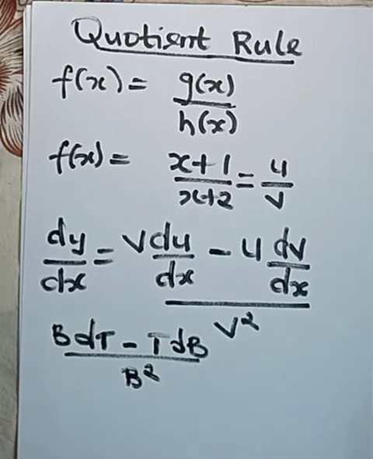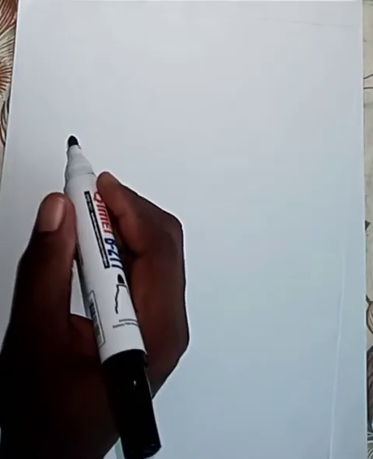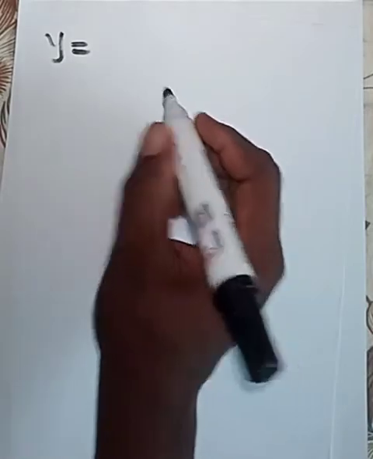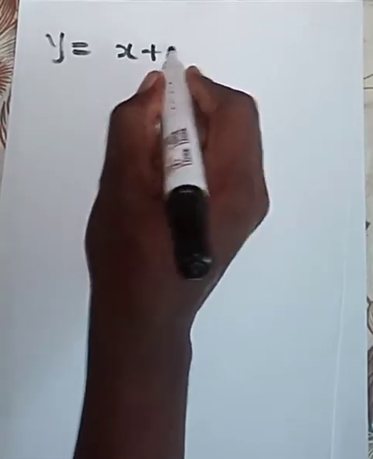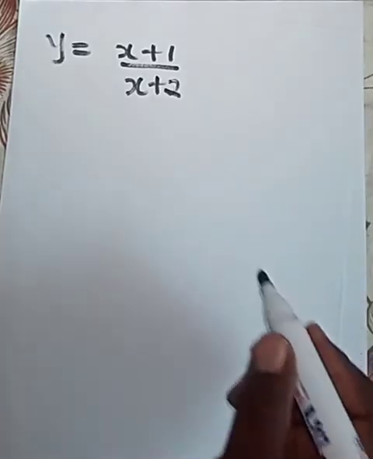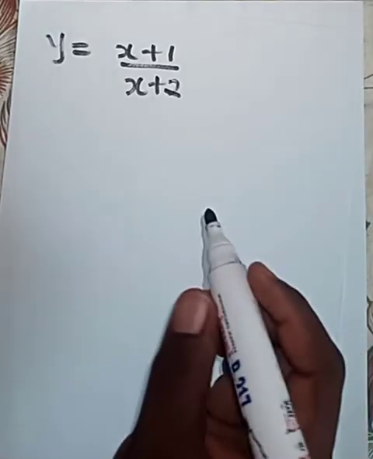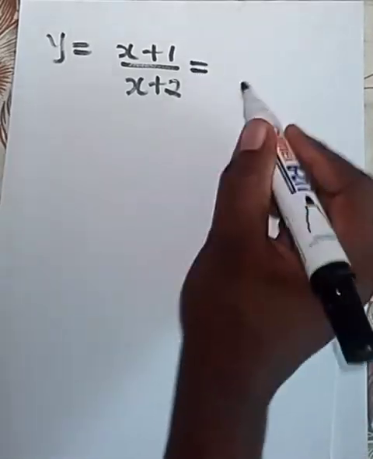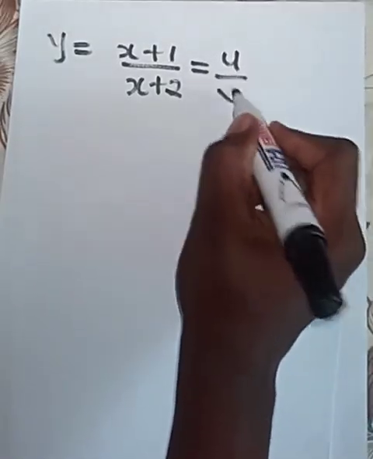So now we're going to differentiate that and see what it actually gives us. So the equation was, let's say y is equal to x plus 1 over x plus 2. As I said, you have to differentiate this. Let's first define what our u and our v are, which is going to be here u and here v.